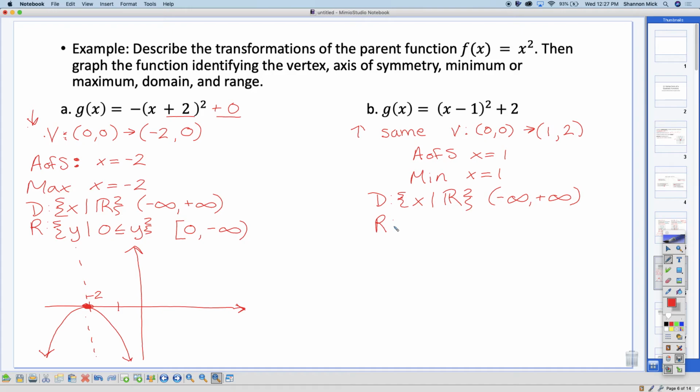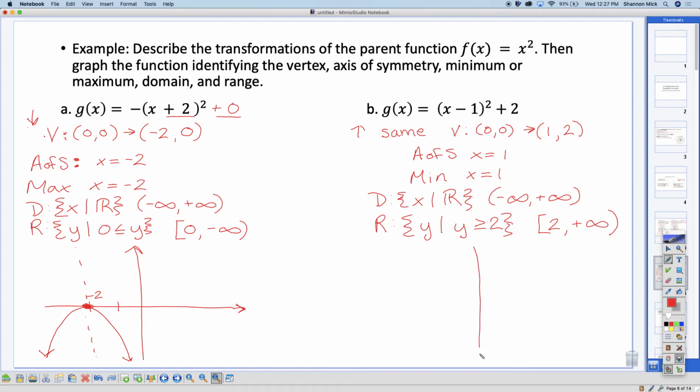So we think that it's going to be y such that y is greater than or equal to 2. That's what we think it's going to be, right? So in interval, it would be bracket 2, infinity, positive infinity, right? So let's see if we're right.